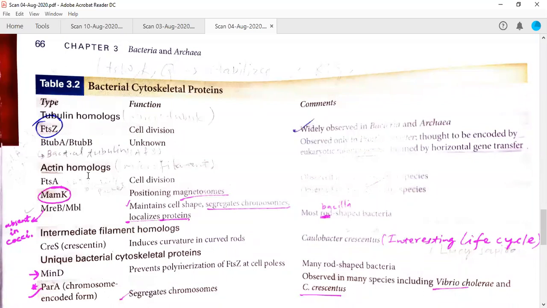It is not like if it has more FtsZ, the cell will divide every 5 or 10 minutes. There is some different reason why a bacterial cell divides every 20 minutes. I will discuss that also in this class. But yes, if it polymerizes, then finally the cell will divide.